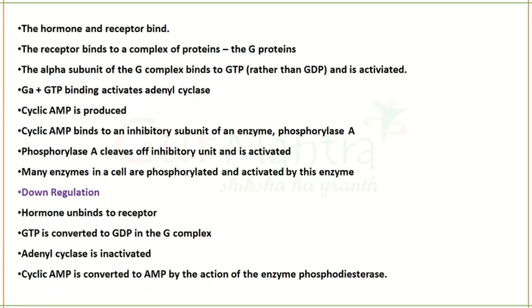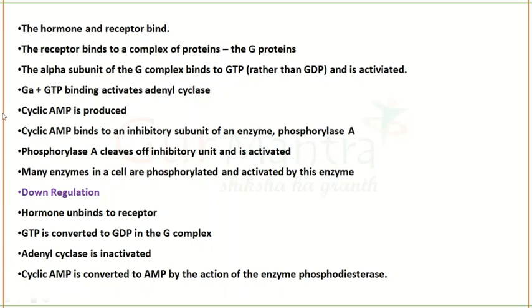So this slide is like a revision slide, a summary of what I have explained through the diagram. What happens? Hormone and receptor will bind. The receptor will get activated, which will in turn activate the G protein. The activated G protein will have GTP bound to it. That is called G alpha GTP, which will activate the adenylate cyclase. Adenylate cyclase will convert the ATP to cyclic AMP.